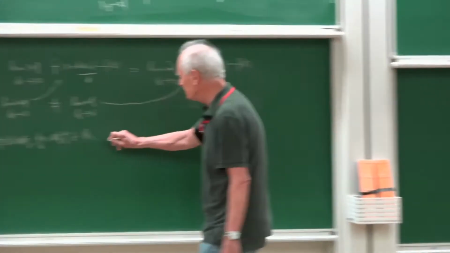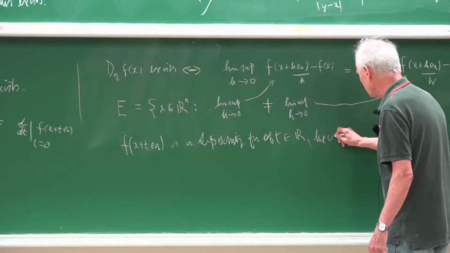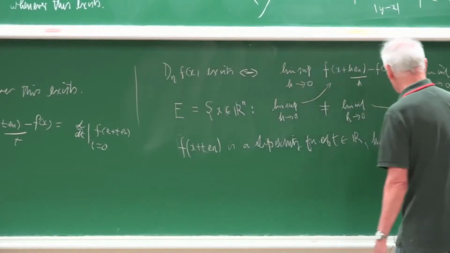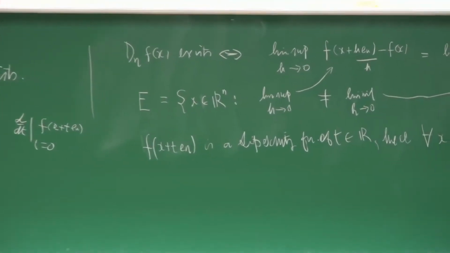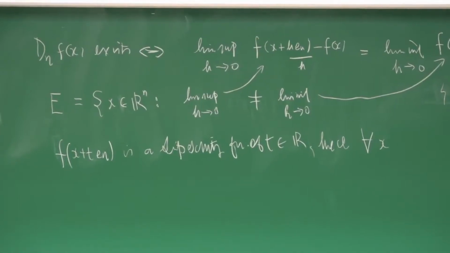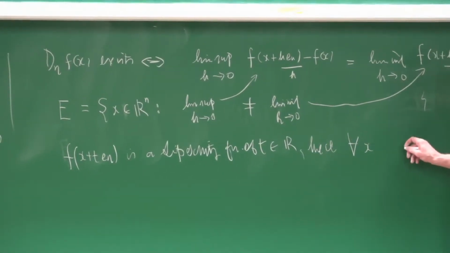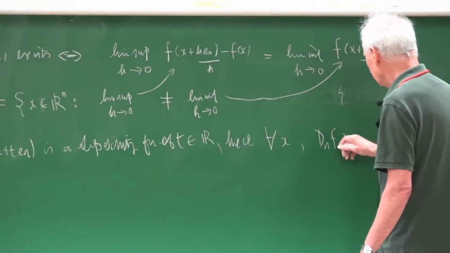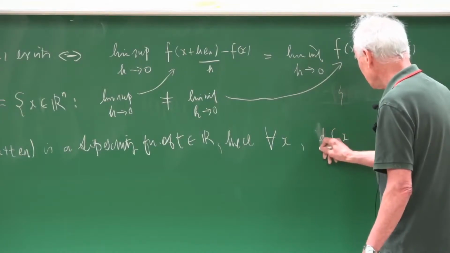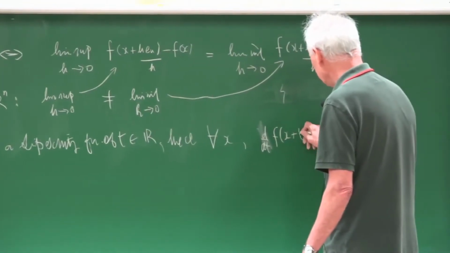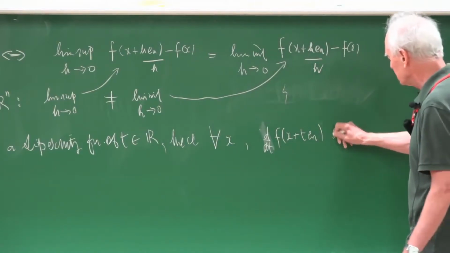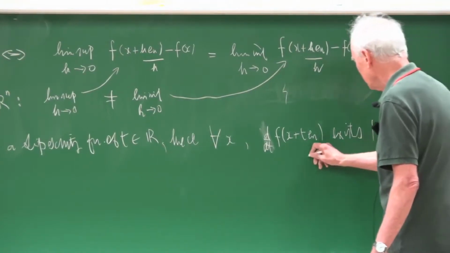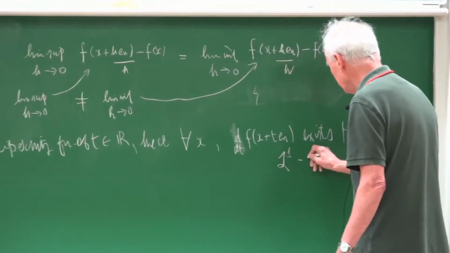So hence this does exist. For every given x, without exception, there's no exceptional x's, this quantity d/dt of f(x + t e_n) exists for L^1 almost every t in R.